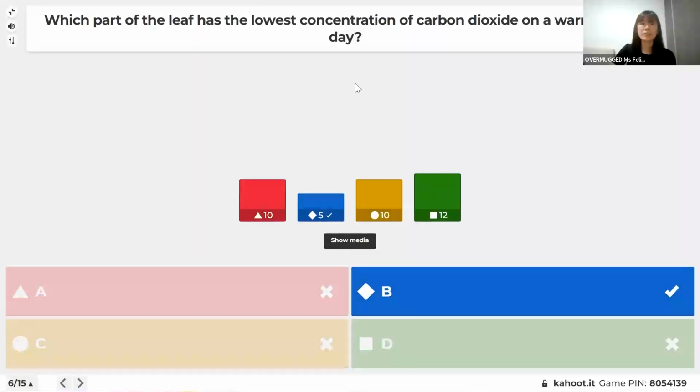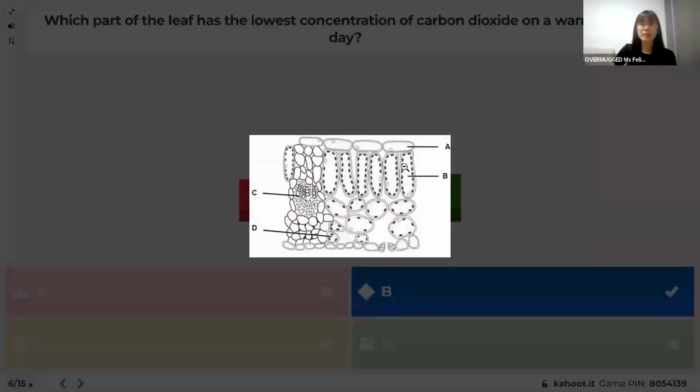For this question here, lowest concentration of carbon dioxide. There are two ways to approach it. The first method is because the palisade mesophyll is the main site of photosynthesis, so they will use up the carbon dioxide during photosynthesis very quickly. That's why the carbon dioxide should be depleted here. That's why B should be the lowest concentration of carbon dioxide.